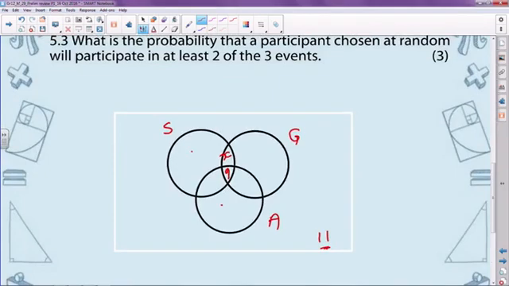So if 23 people competed in swimming and athletics minus the 9 who competed in all 3, I'll get 14 people that participated in swimming and athletics. All right, so you need to subtract that intersection of 9 to avoid overcounting.